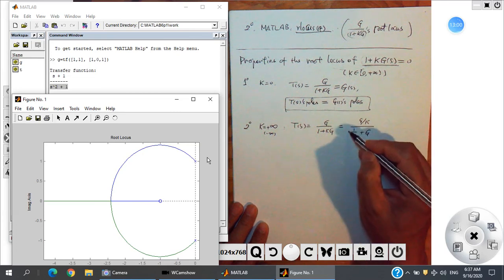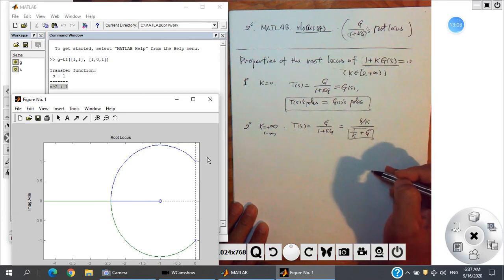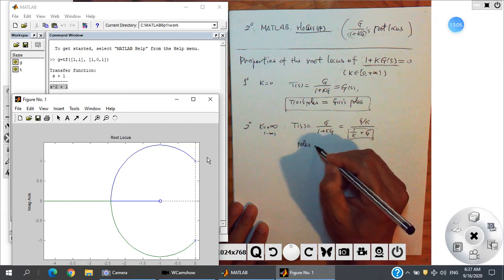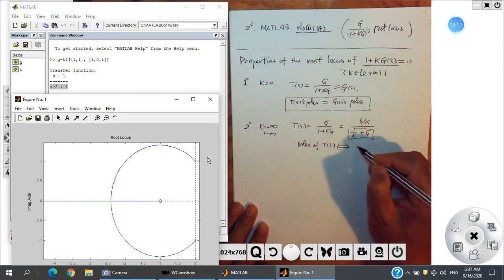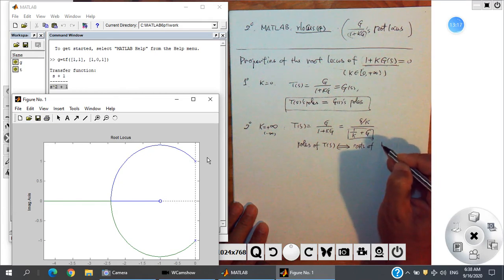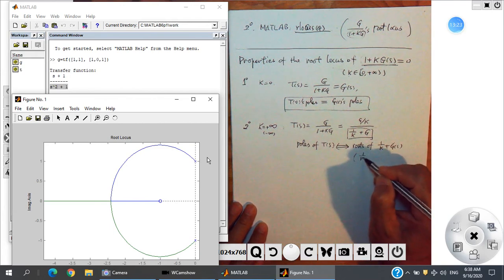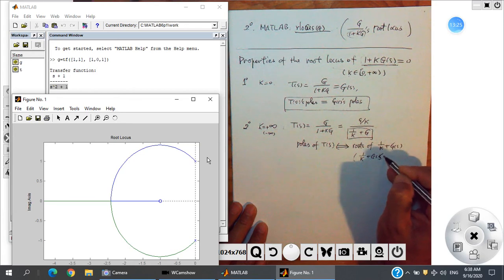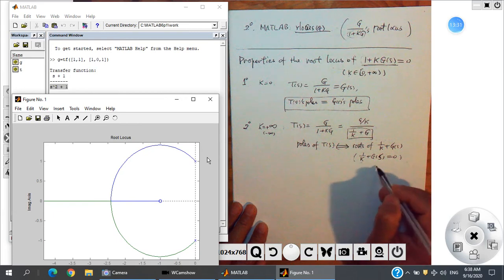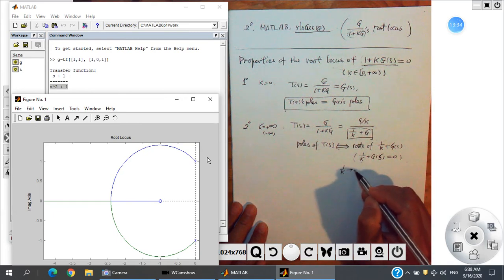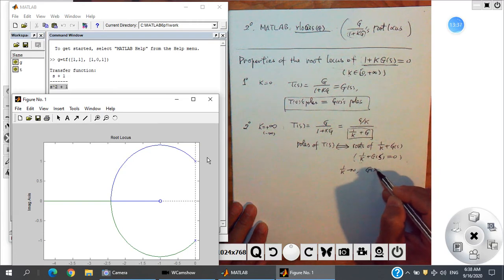The poles of T of S correspond to the roots of 1 over k plus g equals 0. But k goes to infinity, so 1 over k goes to 0, and g of s equals 0.